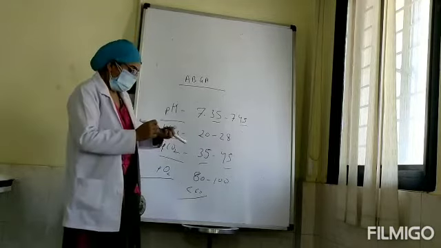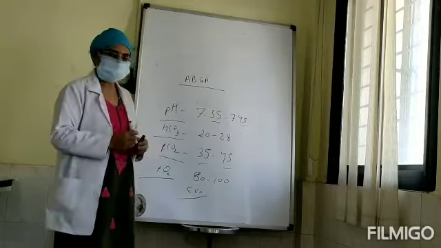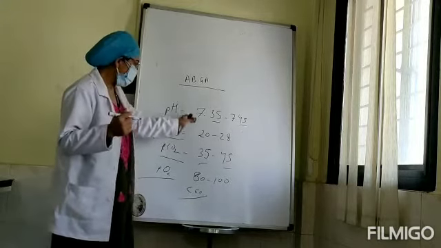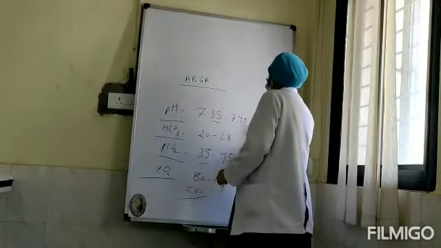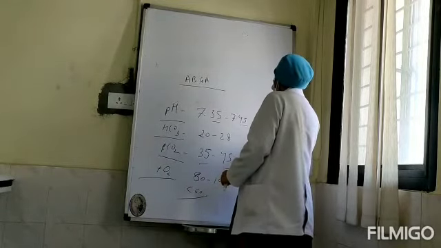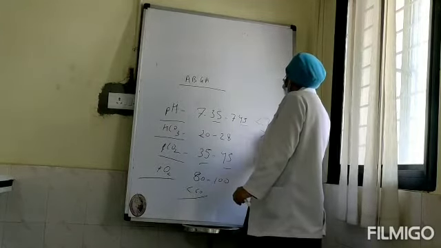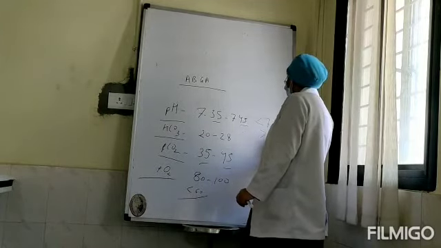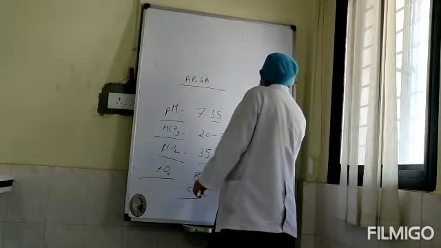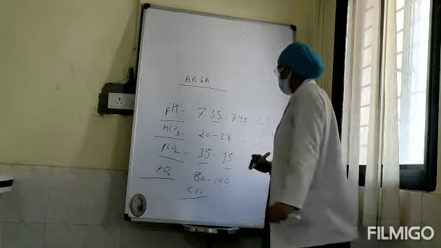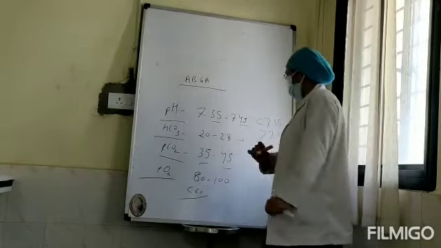So how do we read the ABGA? Directly we will see the reading of the ABGA. So this is the normal value. Anything less than 7.34 is acidosis, and anything more than 7.45 is alkalosis. Similarly, anything less than 20 is metabolic acidosis, anything more than 28 is metabolic alkalosis.